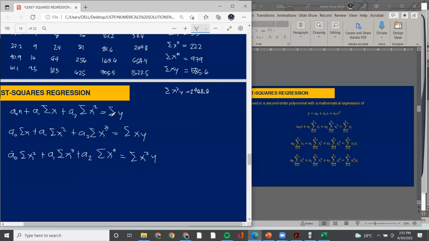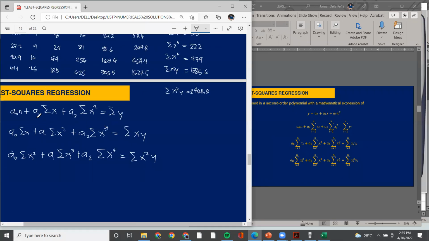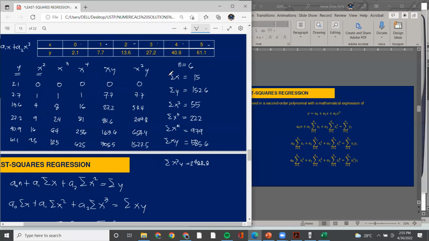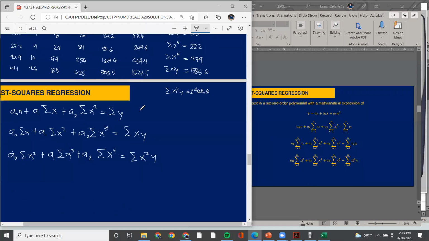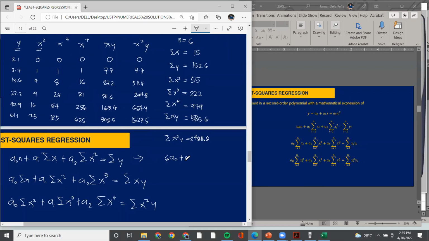Okay? So, substitute na nato ang mga values. So, a sub 0, pila tong n? We have 6. So 6 times a sub 0 plus summation of x na 15, so 15 a sub 1, and then plus x squared, 55, 55 a sub 2.